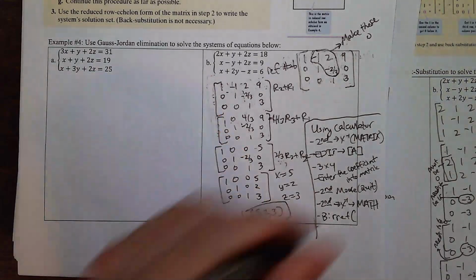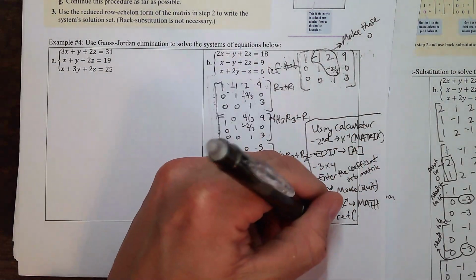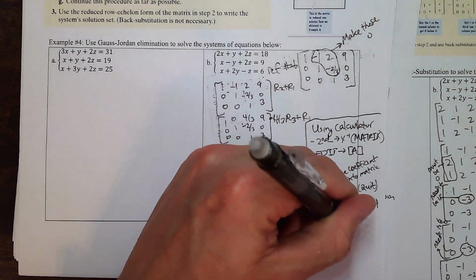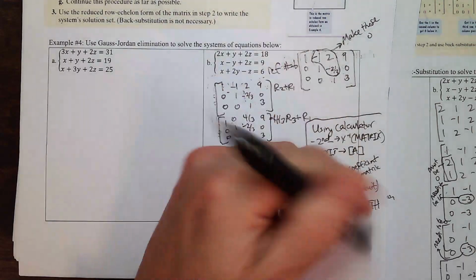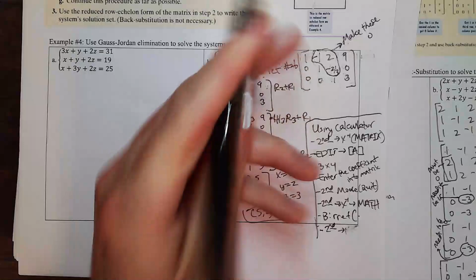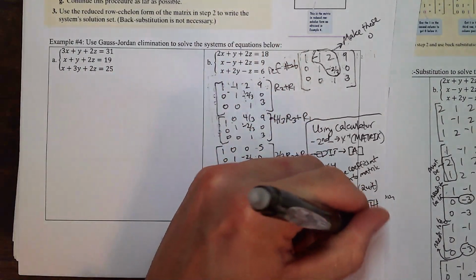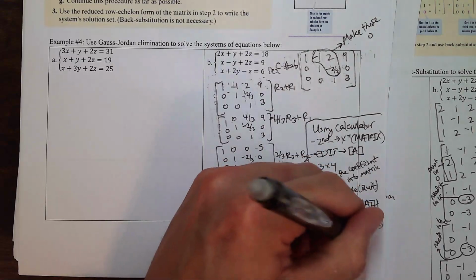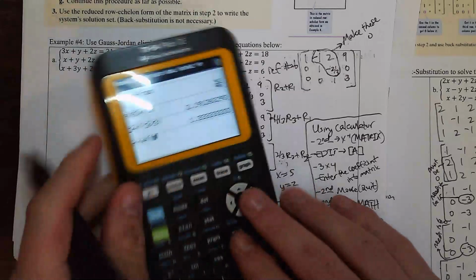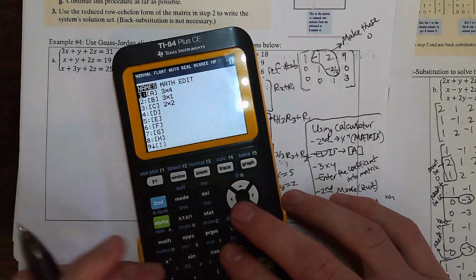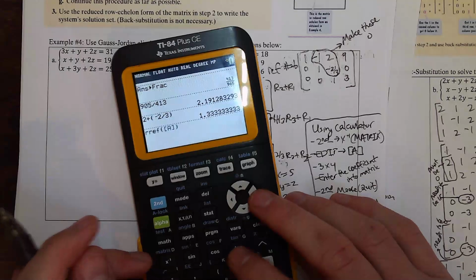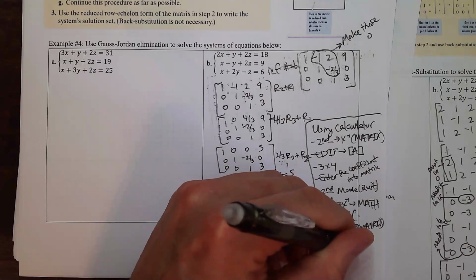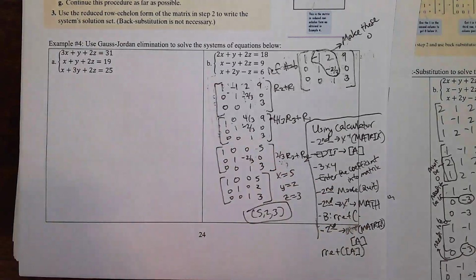So press enter. And then you're going to do second, x inverse, which is matrix, and select matrix A. So you get RREF of matrix A, and that gives you your answer.